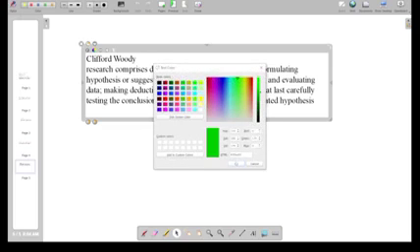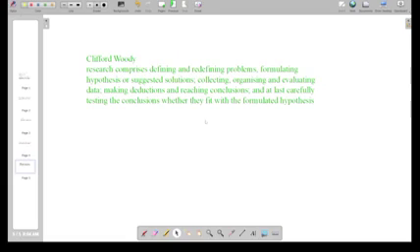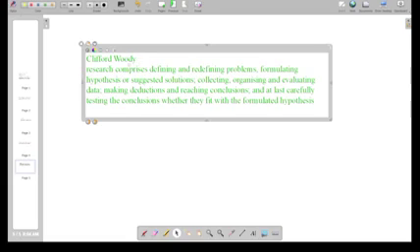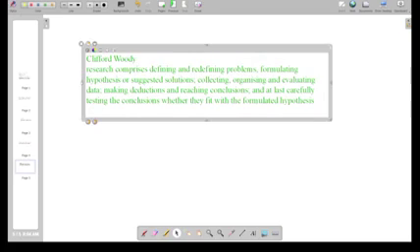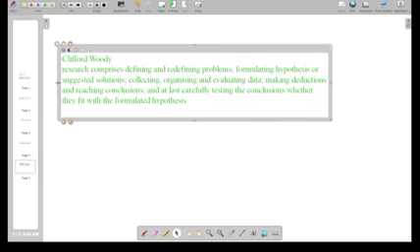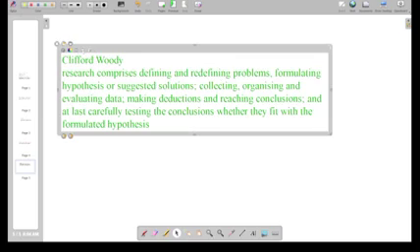Clifford Woody says that research comprises defining and redefining problems. A problem is any impediment, any barrier.